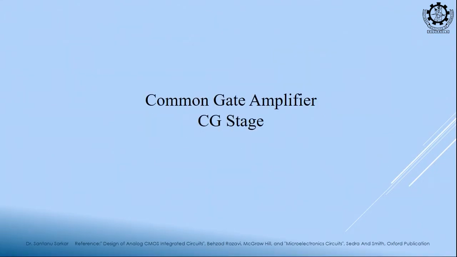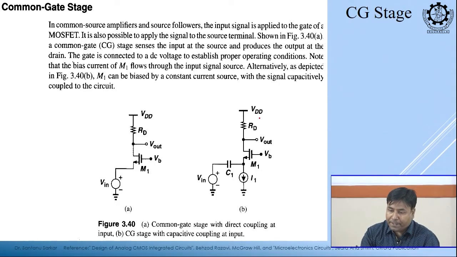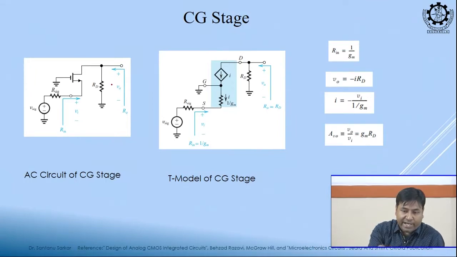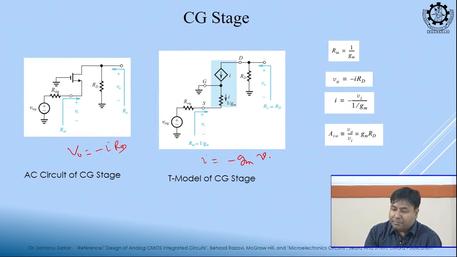Common gate amplifier. So, this gain should again be minus I into Rd. This V0 is equal to minus I into Rd, right, and I is equal to minus Gm Vsig.